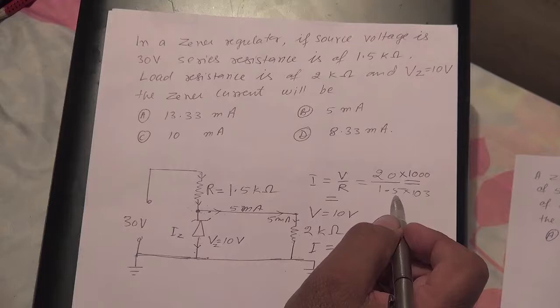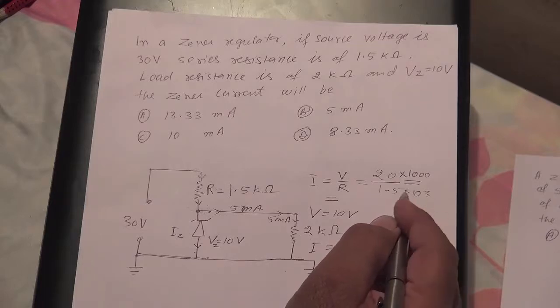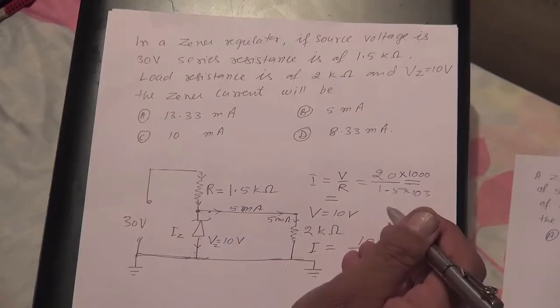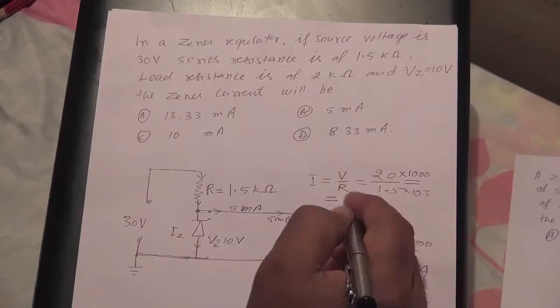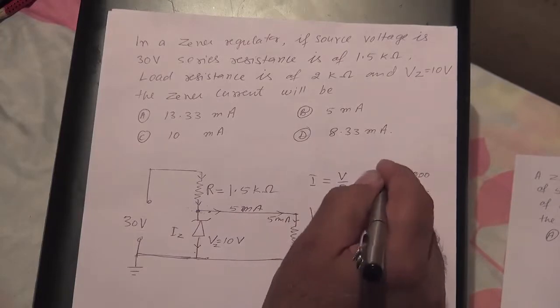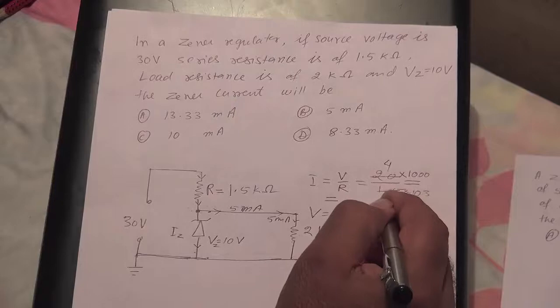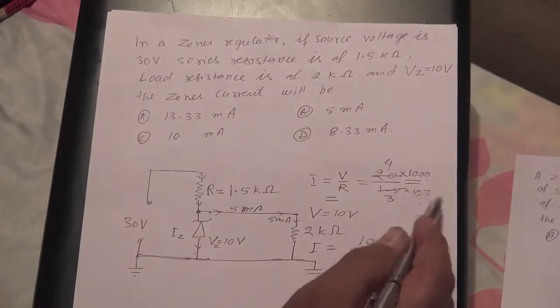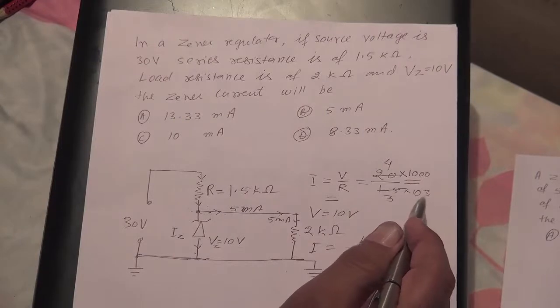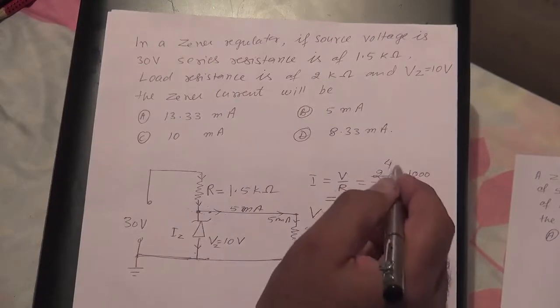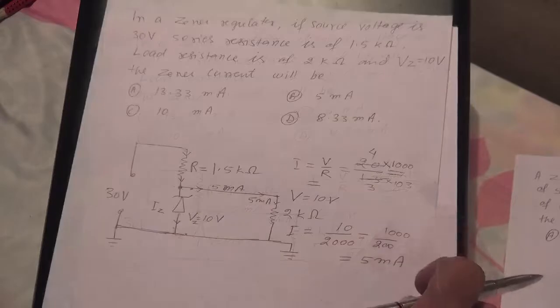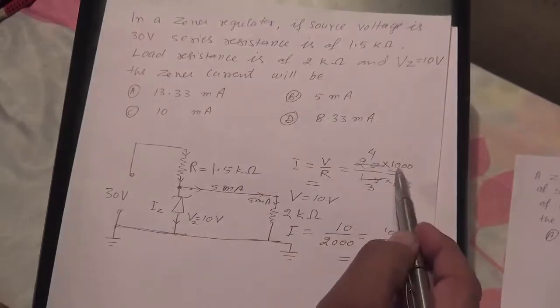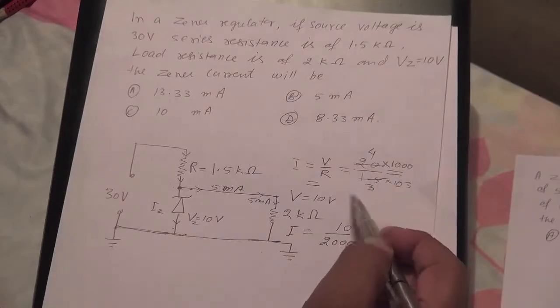How much will this be? Okay, 5 fours are 20, 5 threes are 15. So this is 4 upon 40 upon 3. You can do it as 4 into 10 upon 3.